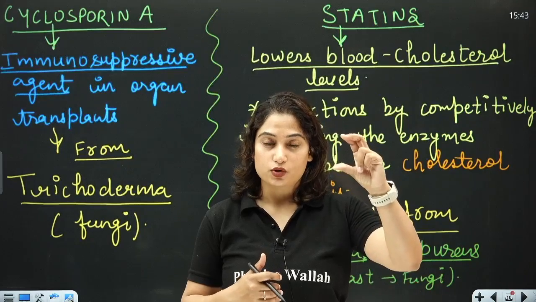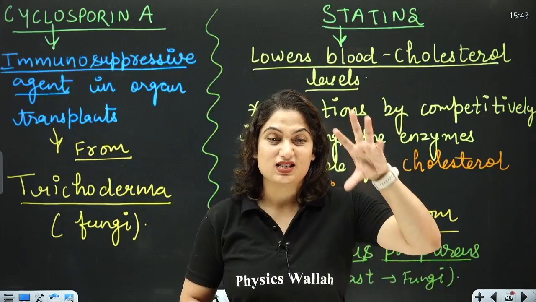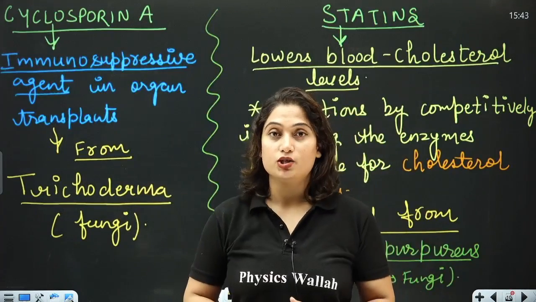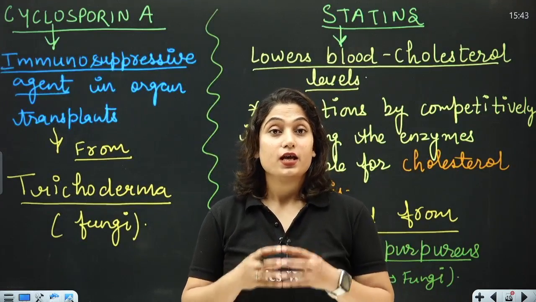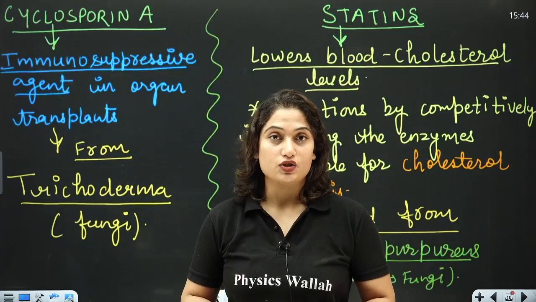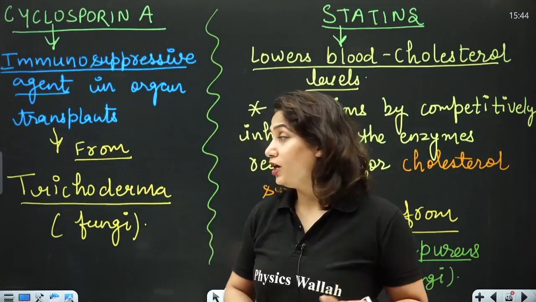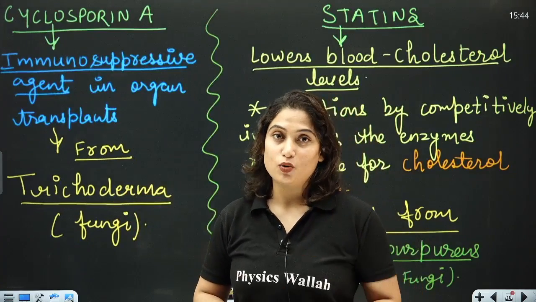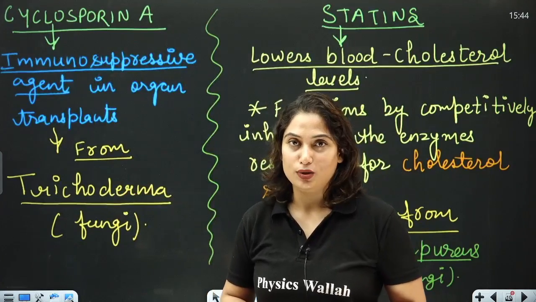For some period of time, the immune system of that person is suppressed by using the bioactive agent cyclosporin A. So cyclosporin A is an immunosuppressive agent and it is used during organ transplants. It is obtained from the fungi Trichoderma.